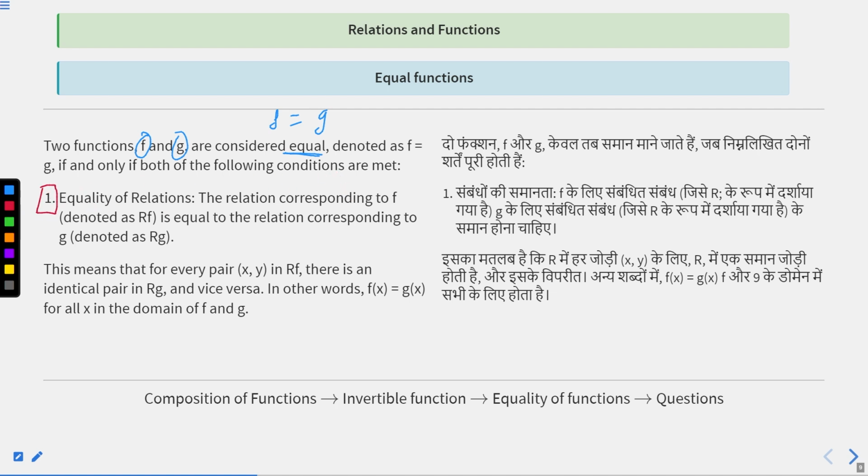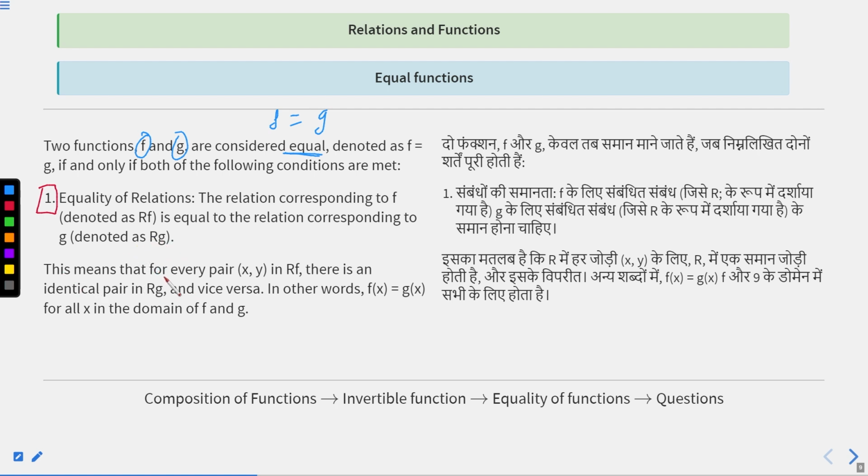First, the equality of relation. This means the relation corresponding to f, denoted as Rf, is equal to the relation corresponding to g, denoted as Rg.